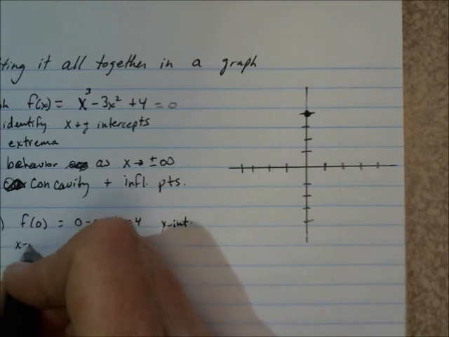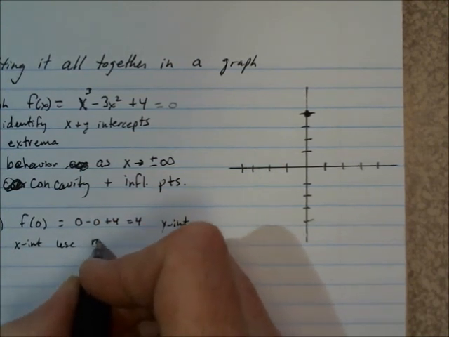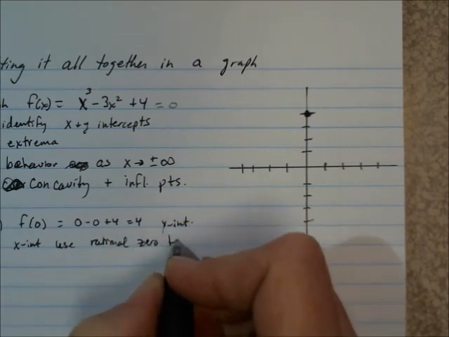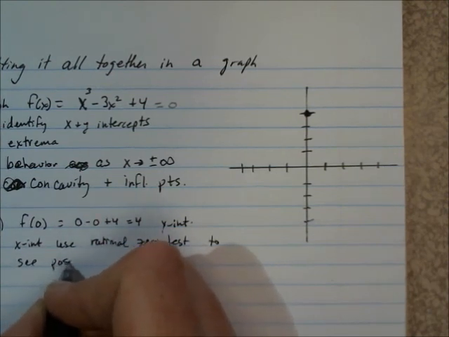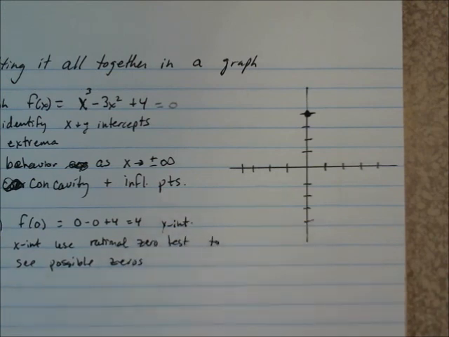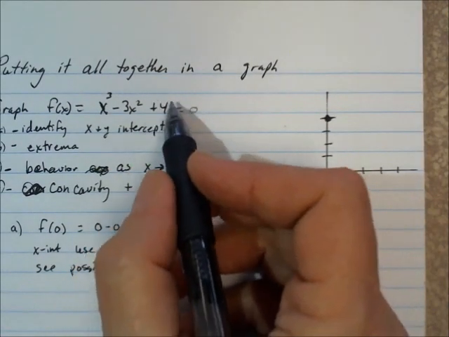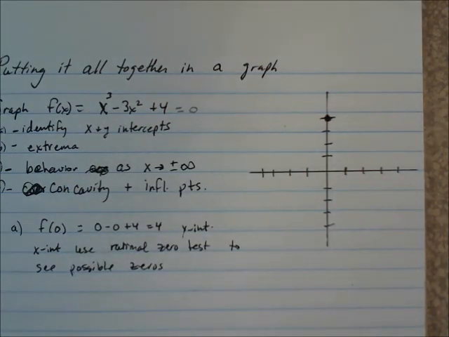The x-intercept: use the rational zero test to see possible zeros. The rational zero test, if you remember that, is the factors of the last term divided by the factors of the leading coefficient.